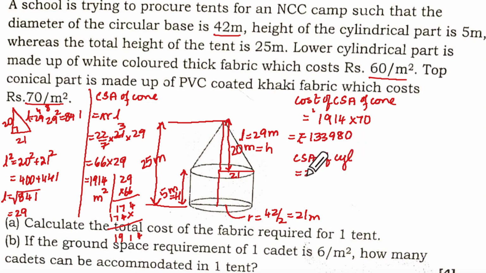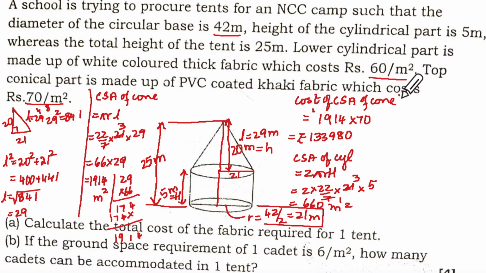Okay, then we come to CSA of cylinder is equal to 2 pi r capital H, which is going to be 2 into 22 upon 7 into 21 into H is 5. So 7 ones and 7 threes. So can you see 5 2's 10? So 66 into 10. 660 meter square.